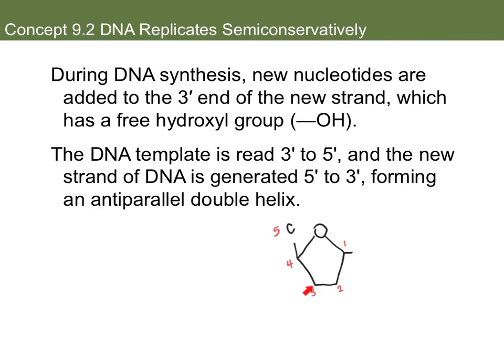In other words, at this 3' carbon, there will be a hydroxyl group. And this is where the enzyme is going to come in and remove this hydrogen to form a phosphodiester bond between this soon-to-be nucleotide and the next nucleotide. And this is going to play a very important part in our discussions when we have to replicate both strands.